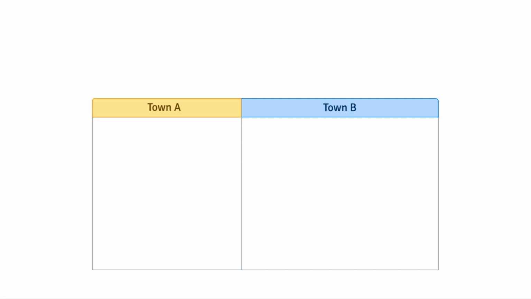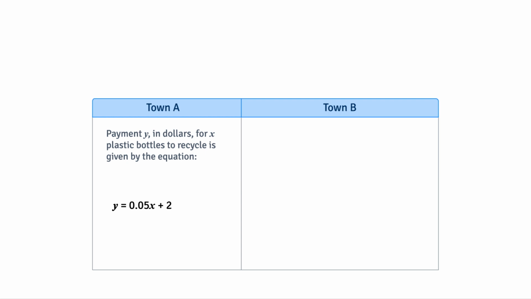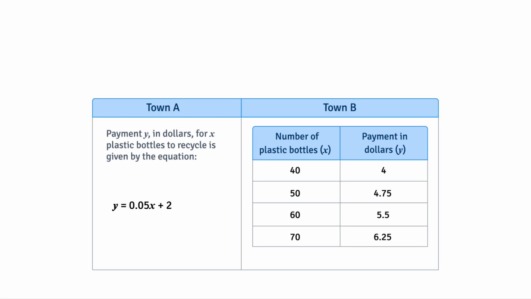In Town A, the payment is represented by the equation y equals 0.05x plus 2, where y is the total amount in dollars paid for x plastic bottles. In Town B, the payment is represented by the table shown here. Both offers are available for a minimum of 40 plastic bottles.